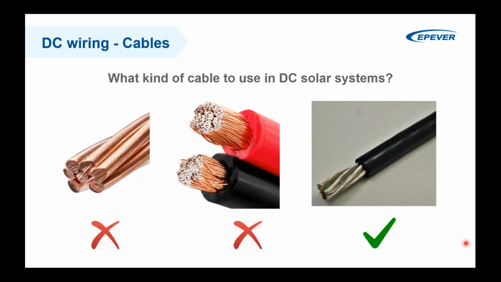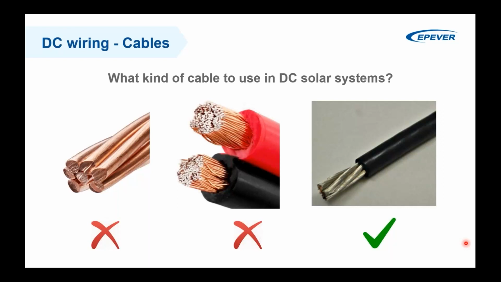If your cable is not UV resistant, and you use it on the roof of a van, then over time, when this cable is exposed to sunlight, the UV component of the sunlight will destroy the insulation, and then you will lose the insulation of the cable, and it's a source of problems.